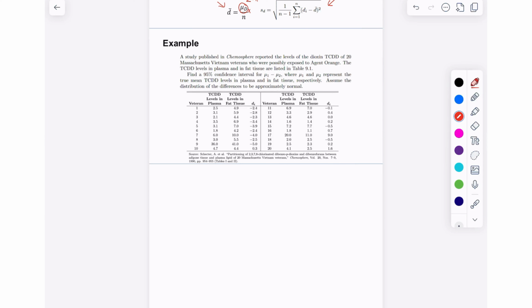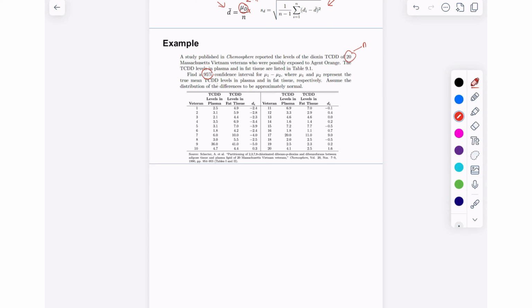In this example, we have 20 observations, that is n. You need to find a 95% confidence interval for mu1 minus mu2, where mu1 and mu2 represent the true mean TCDD levels in plasma and in fat tissues respectively.